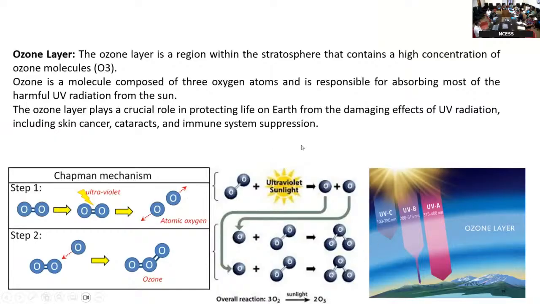Also, the UV spectrum has different components: UVC, UVB, and UVA. UVC is the major energy-carrying UV, which is attenuated within the ozone, in the stratosphere itself.